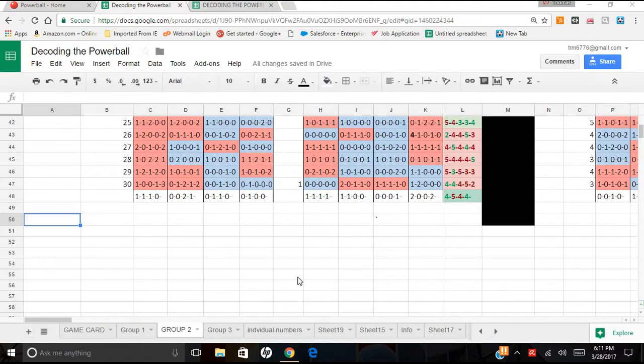Okay, so I have 15 of these option cards here. So what I like to do is I like to see an overview of all 15 of them. Okay, so what I mean by that is I just keep track of just the red areas in all 15 of them. So let's just count the zeros here in the red areas.